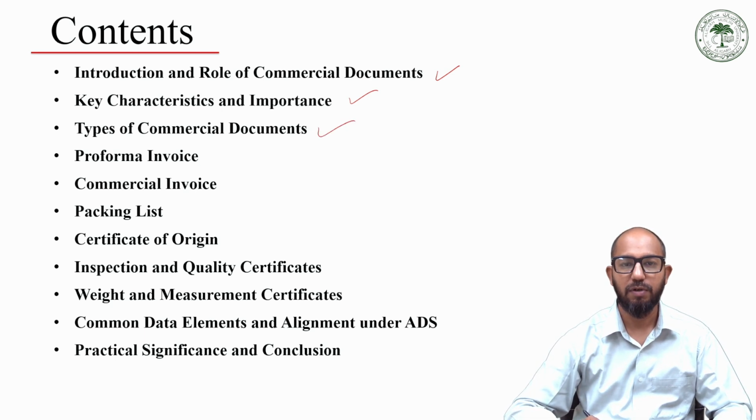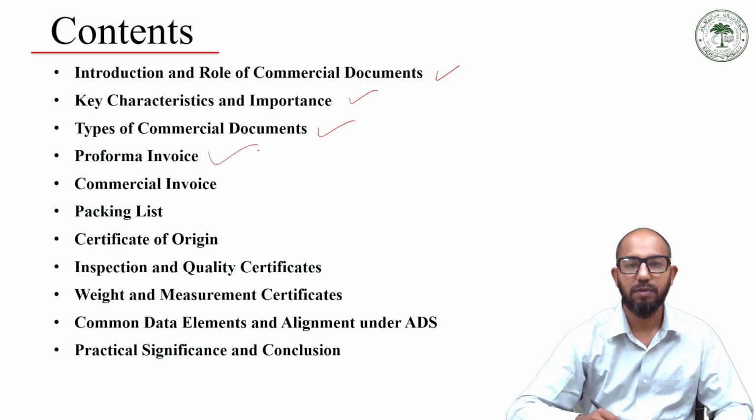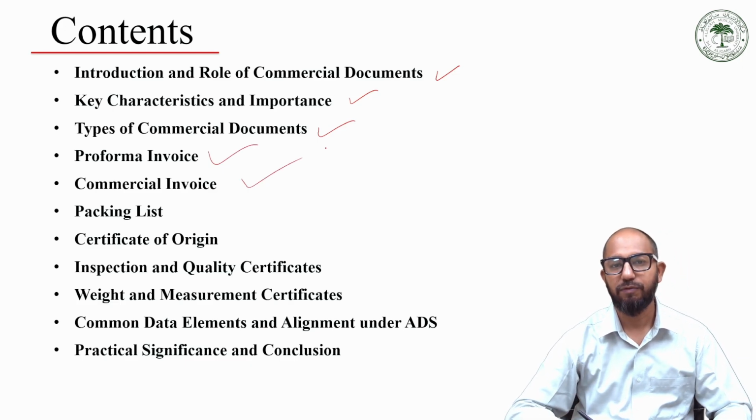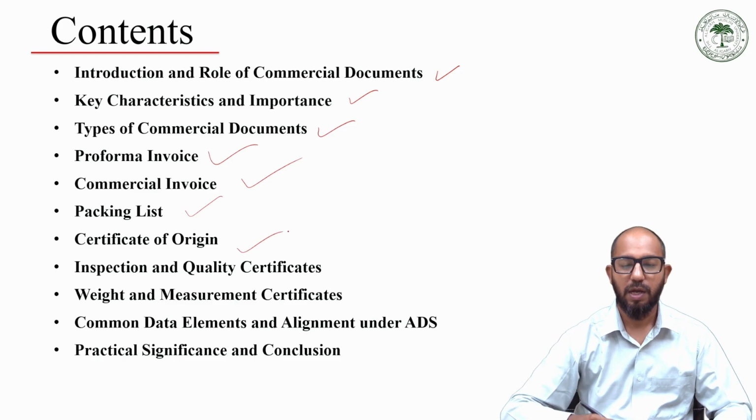After that, we'll try to understand specific documents starting from Proforma invoice, then commercial invoice, then the packing list, certificate of origin that is COO, and other inspection and quality certificates.